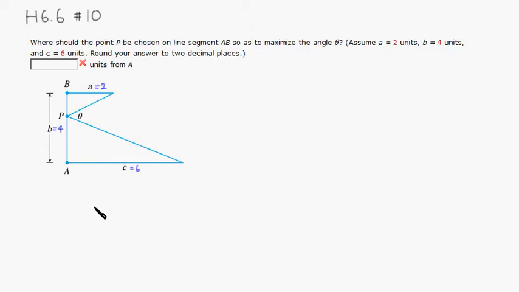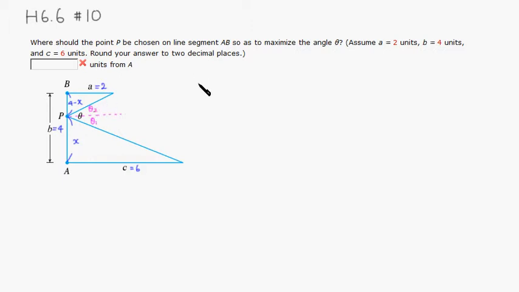So I'm going to call AP x, just like before, and PB is 4 minus x. Again, I'm going to split this angle theta into two parts: the first part is theta 1, and the second part is theta 2.